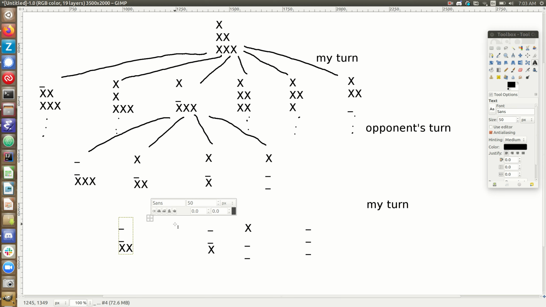So my turn there, and I'm going to have all empty states like those. Underscore, underscore, underscore, and similarly another for this one, and another for this one, and finally one more for this one.